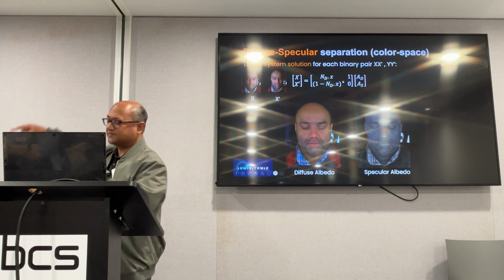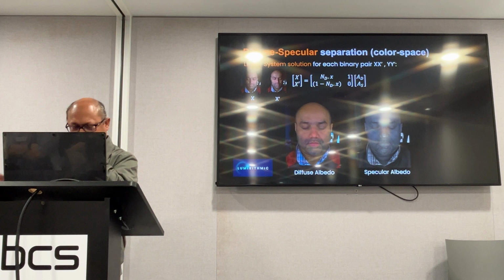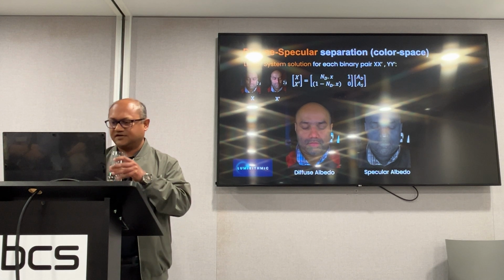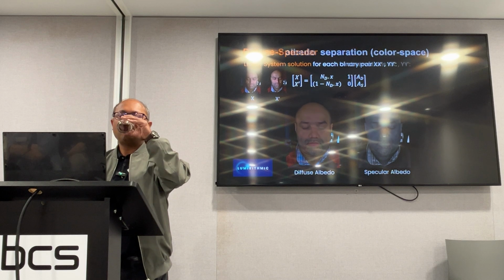So that just sets up that linear system, which then turns out you can solve and get your diffuse and specular separation.